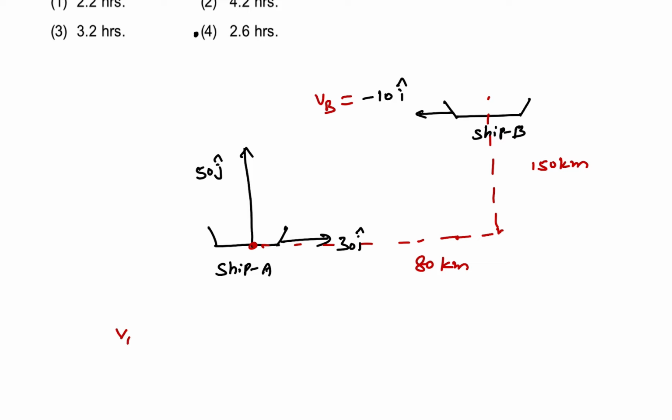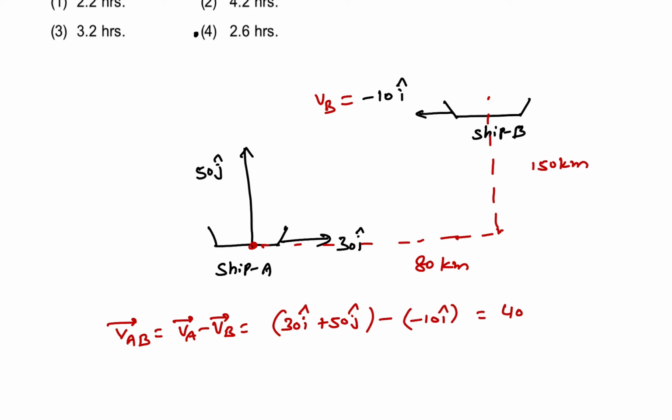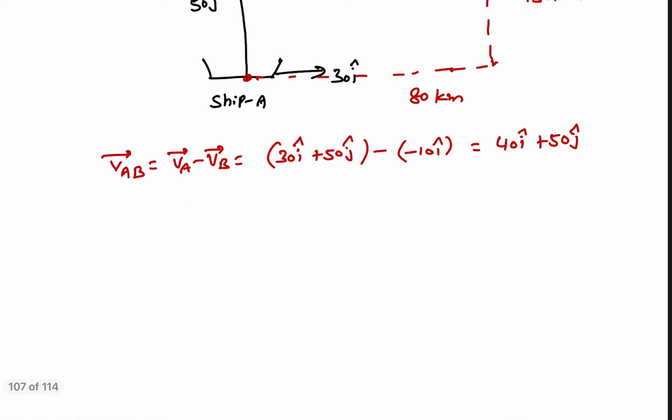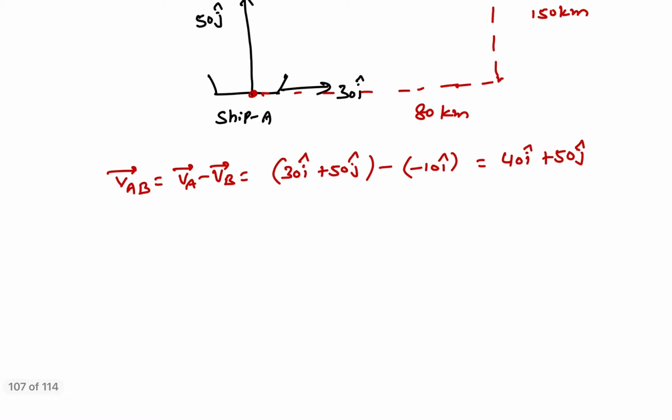Now you have to calculate velocity. This is the velocity of B. Velocity of A with respect to B can be written as velocity of A bar minus velocity of B bar. Velocity of A bar is 30 I cap plus 50 J cap, minus 10 I cap, the velocity of B bar. We get 40 I cap plus 50 J cap. Now I am taking this as a particle type.